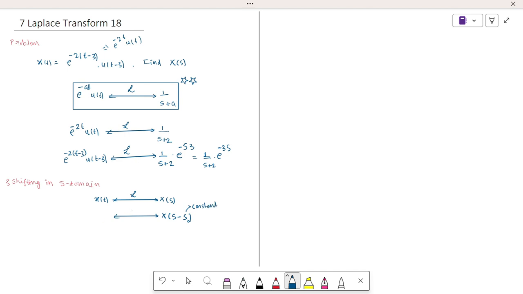So what will happen in the time domain? For that, I'm taking the Laplace transform formula. x of s equals the integral from minus infinity to plus infinity of x of t into e power minus s t dt.